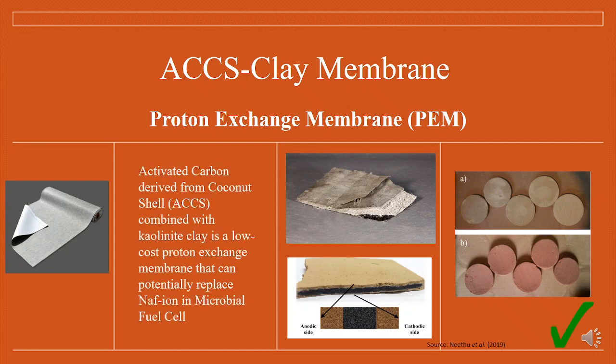Furthermore, according to NITU, ACCS or clay membrane showed a higher proton diffusion coefficient with 36 times 10 raised to negative 6 square centimeter per second than Nafion 117 membrane with 4.64 times 10 raised to negative 6 square centimeter per second.